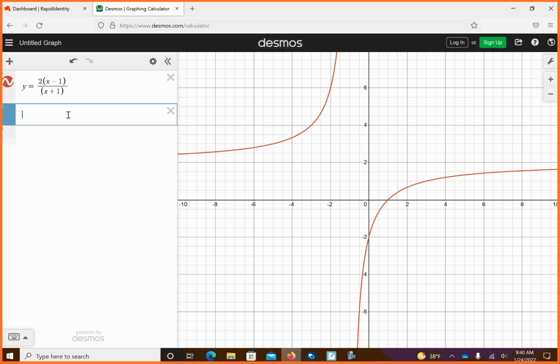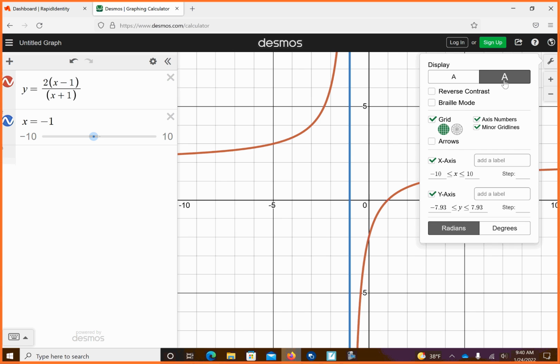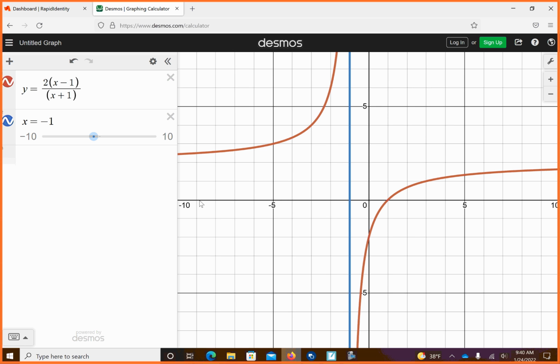So a couple ways we can do this is I'm going to go x equals -1. And I'll darken it a little bit so we can see it a little better. Okay, so as I approach -1 from the positive side, so this is my -1, this blue line. As I come from this side, where is this going?